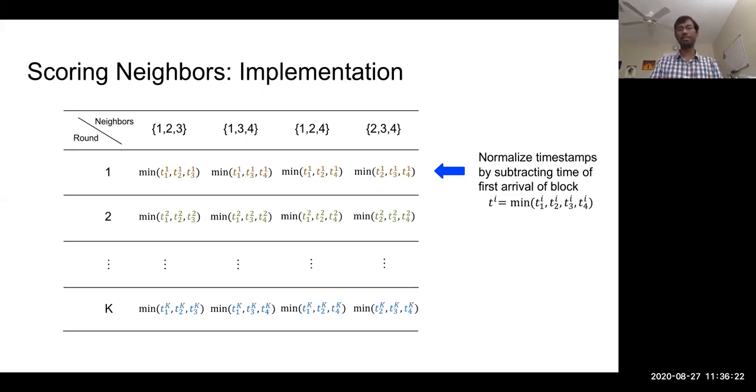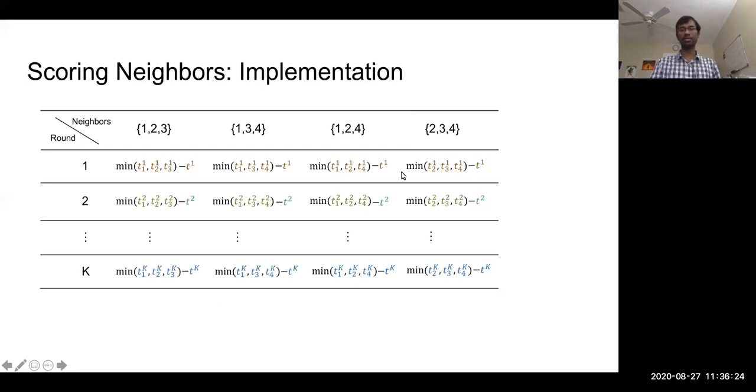And we are going to subtract this quantity from all of the entries in our table. So this isn't quite an estimate of the delay it takes since the block was mined to since the block was delivered to V by the particular group of neighbors. But on the other hand, it allows us to compare the relative speed with which these different subsets of neighbors forward the block to V.